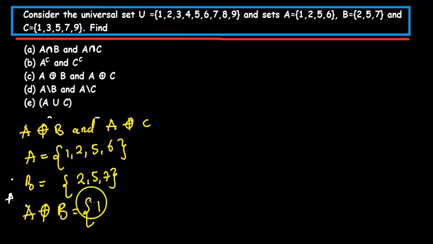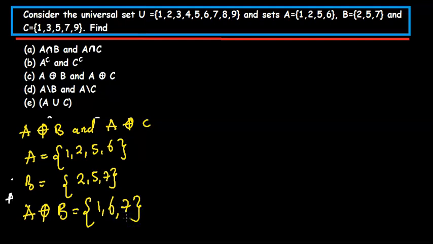Do we have 3? No, we don't have 3 here. Do we have 4? No. Do we have 5? Yes, we have 5 in both. Next we have 6 and we have 7.